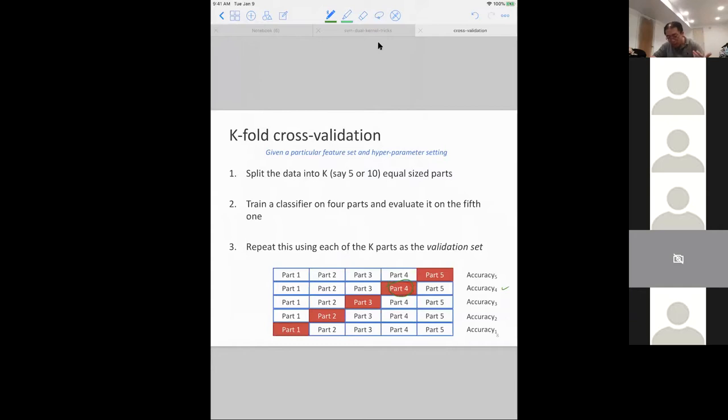We repeat until we test with every part, and train on the remaining parts with the same hyperparameter. So in this example, we have 5 accuracy values. Then we take the average of these 5 accuracies as the measurement of the performance using this particular choice of the hyperparameter.